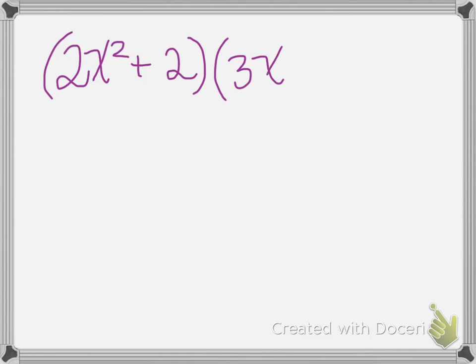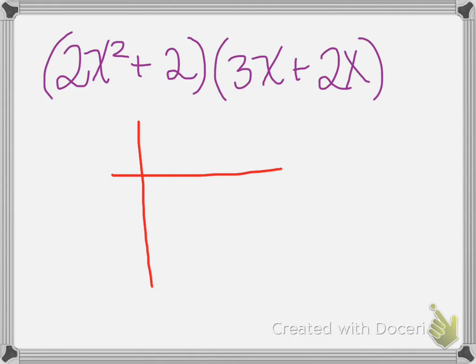So for example, let's go ahead and write this one down. 2x squared plus 2. We're going to multiply that by 3x plus 2x. Alright? So we can go ahead and set up a chart. Take the first polynomial and write it along the top, 2x squared plus 2.